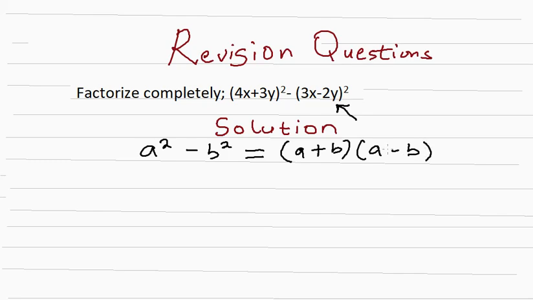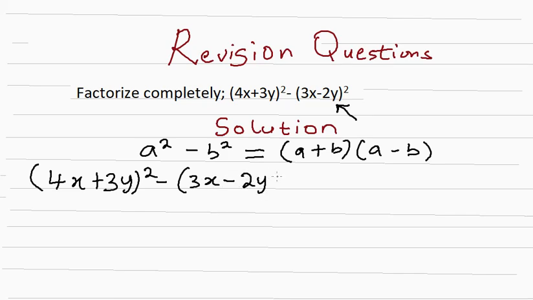So in the case of what I have here, which is (4x plus 3y) squared minus (3x minus 2y) squared, you know what is going to happen at this point.